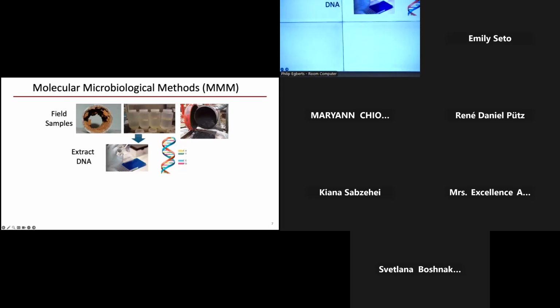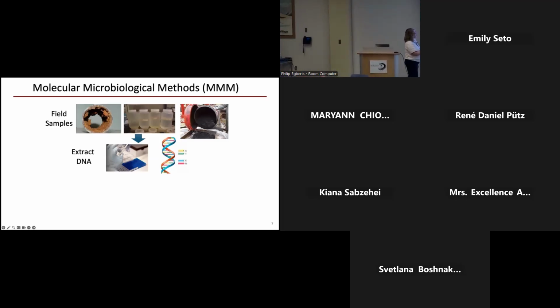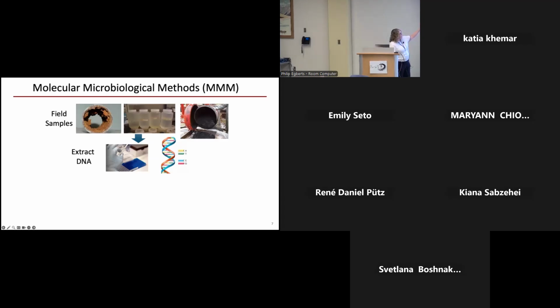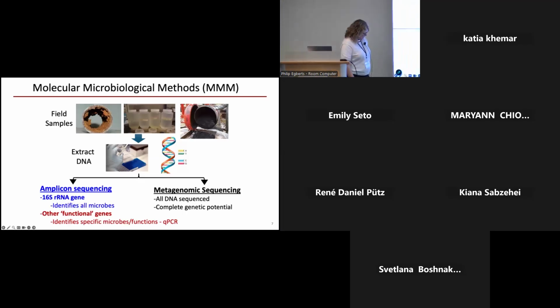And then what we propose doing, because I think we get a broader idea of the microbial community, is to use these molecular microbiological methods, or the MMM. So again, we can take the same types of samples, any type of sample really. You can extract the DNA using some protocols, and you can do a couple of different things with that DNA.